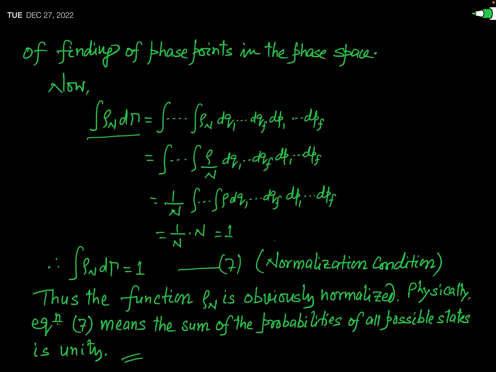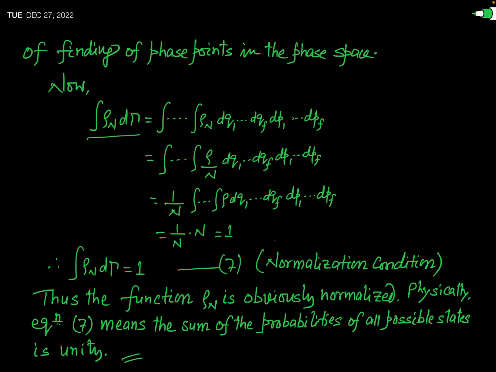So it is obvious that this will be normalized, and any normalized function, whenever integrated over all space, the result is equal to 1. It means that when we find the probability of finding phase points in all phase space, that will become a certainty, a guarantee, because we are considering all space, so definitely every phase point will lie in that space.